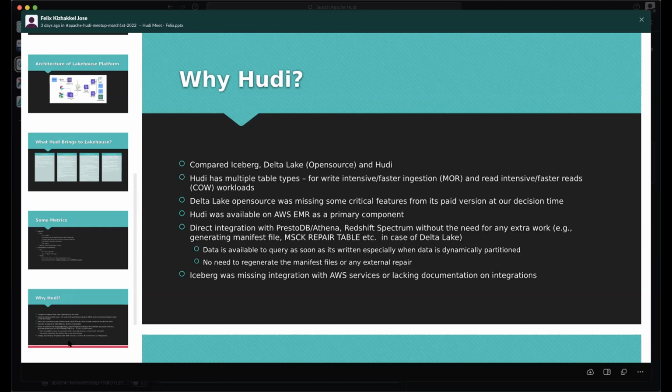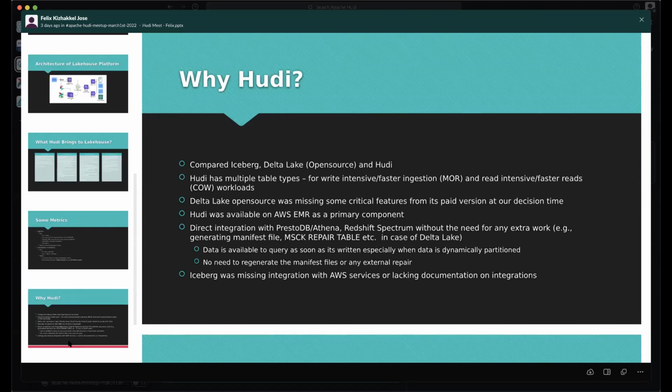No extra work. Another important thing, when doing the comparison between Iceberg and Hudi, is that Hudi had faster ingestion using the MOR tables, whereas for Iceberg they were just mentioning that the minimum batch size or batch interval should be 1 minute or more. That is what is recommended, so our needs were not being met.